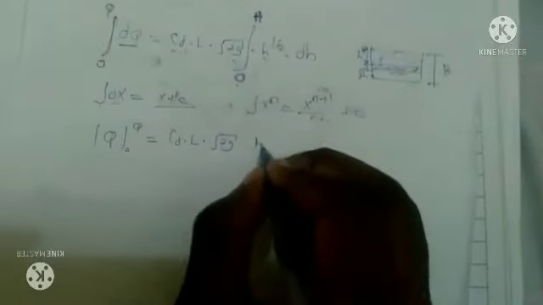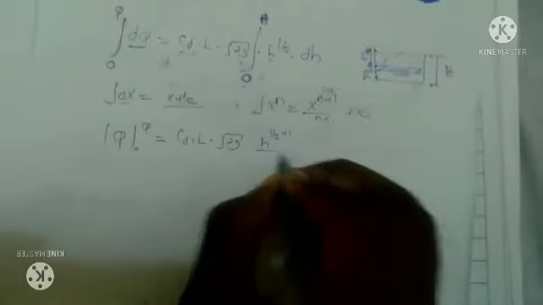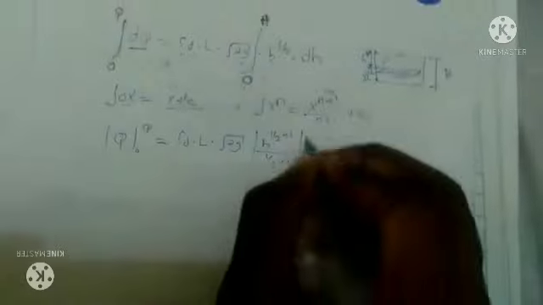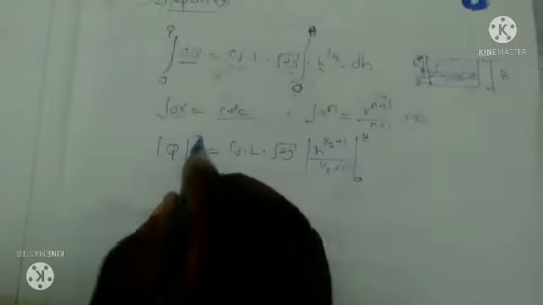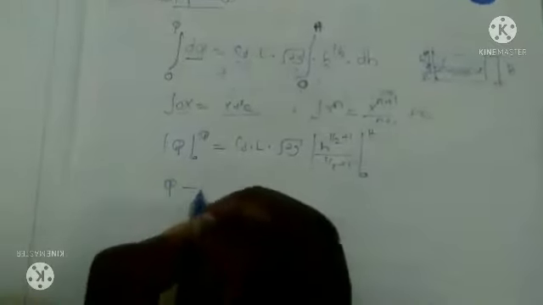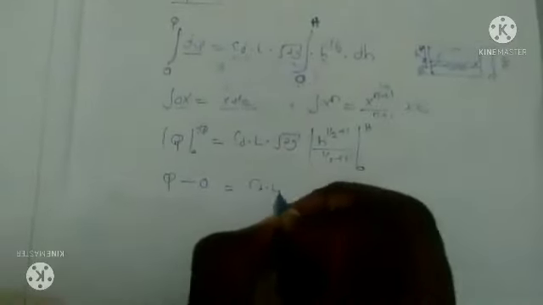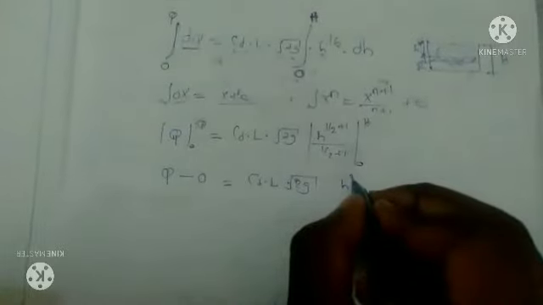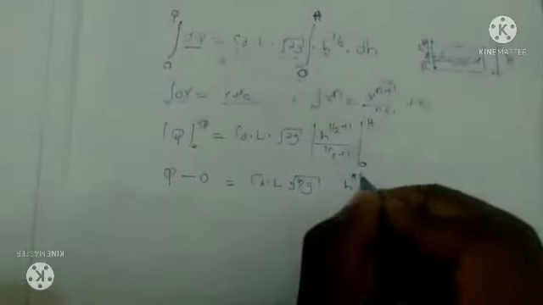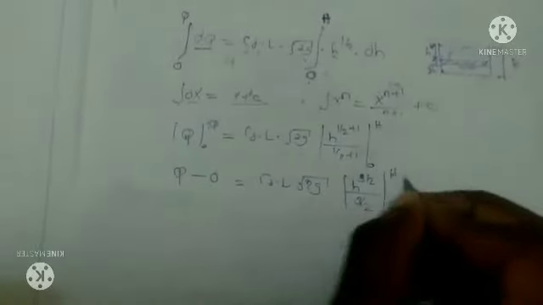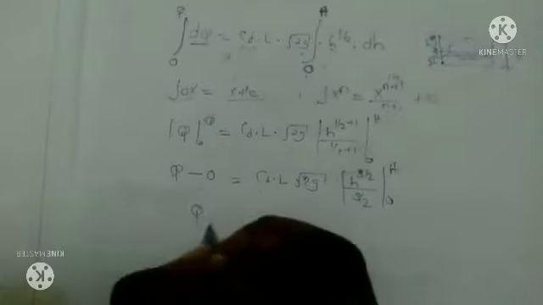So after integration, you get h to the half plus 1 over half plus 1, and the limit is 0 up to H. We start with the upper limit minus the lower limit. Now Q equals 0 minus 0, Cd times L times the square root of 2g, here you get h power 3 over 2, over 3 over 2, from 0 up to H. Now Q minus 0, you get Q.